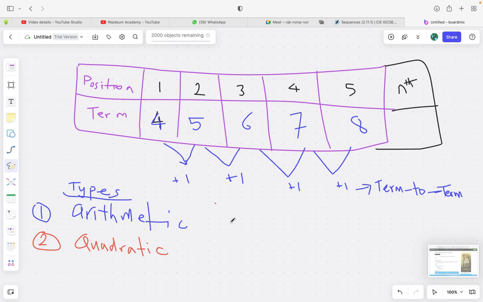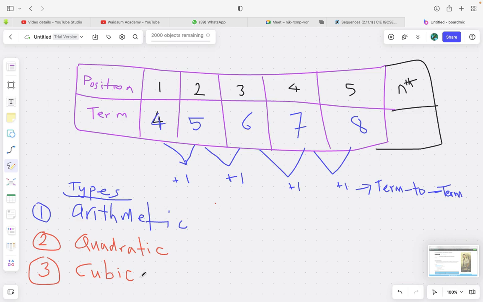That type of sequence, we're going to do an example to illustrate. That second level difference that will be the same is called a quadratic sequence. Then the third one is called the cubic sequence. A cubic sequence is a type of sequence where at the first level there's no common difference, and at the second level there's no common difference.